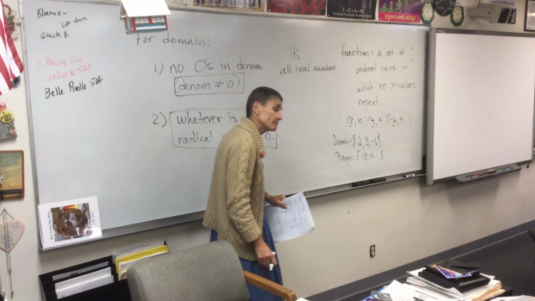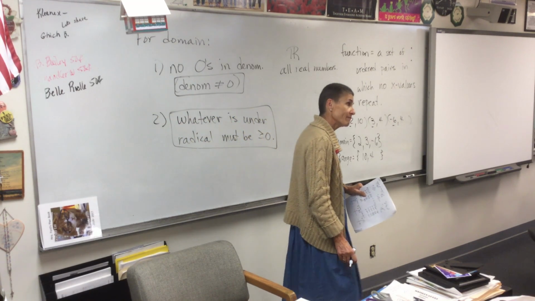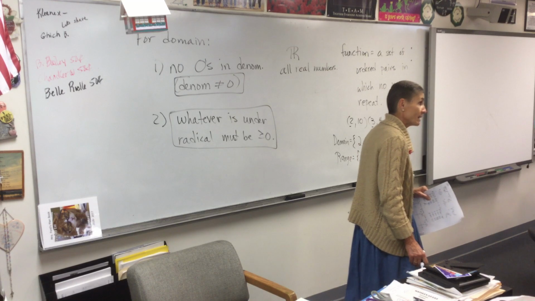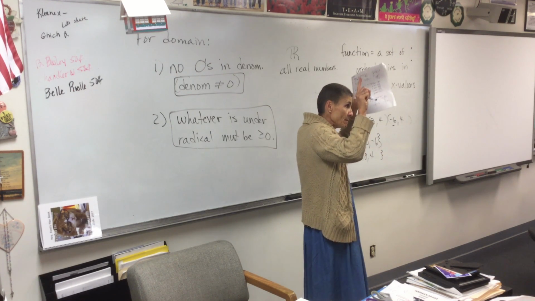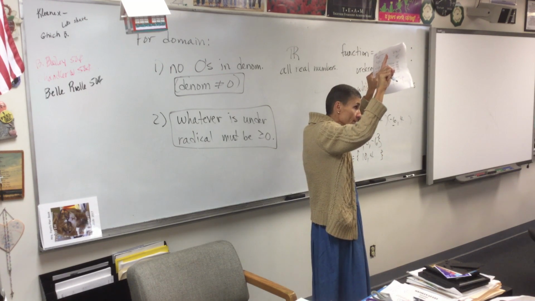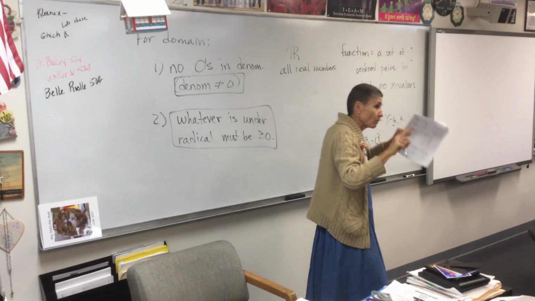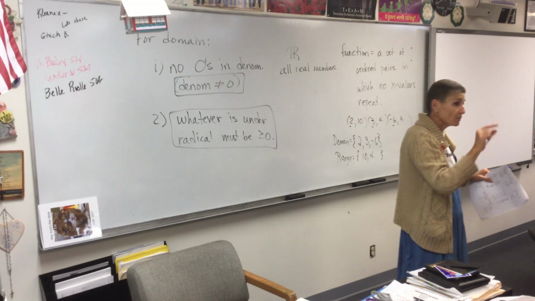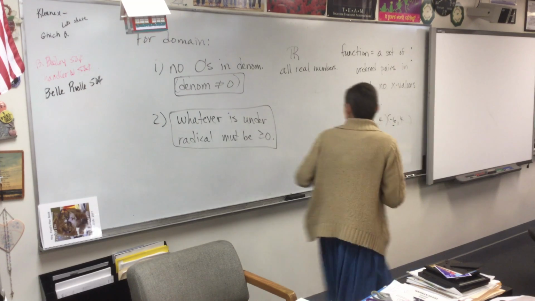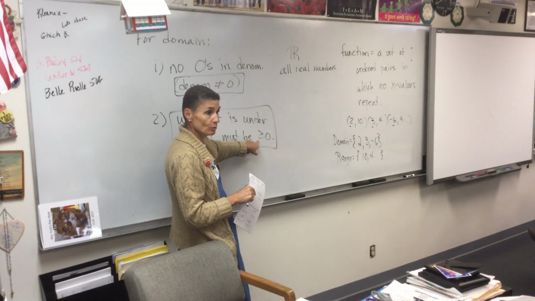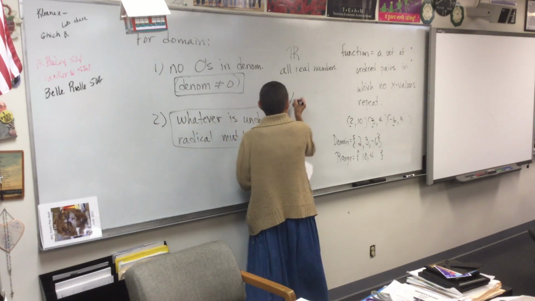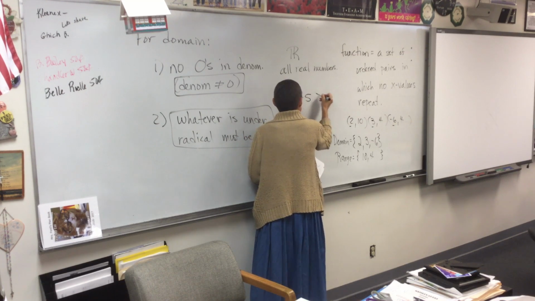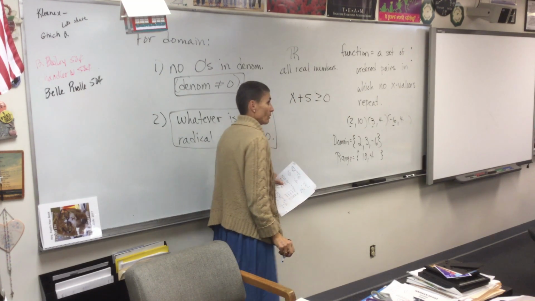Now look at B. What do I have in B? A radical. Beep, beep, beep, beep. There goes my domain radar. What do I know about radicals? Whatever is underneath has to be greater than or equal to 0. So x plus 5 has to be greater than or equal to 0.